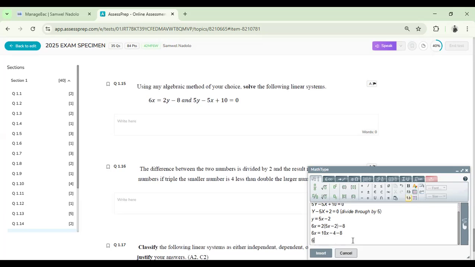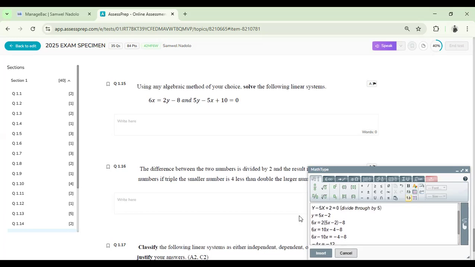Collect like terms: 6x minus 10x is equal to minus 4 minus 8. 6x minus 10x is minus 4x, and minus 4 minus 8 is minus 12. Divide both sides by minus 4, and you'll get your answer as 3. You can use your calculator to do that.